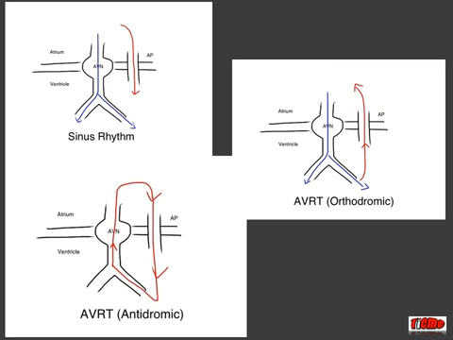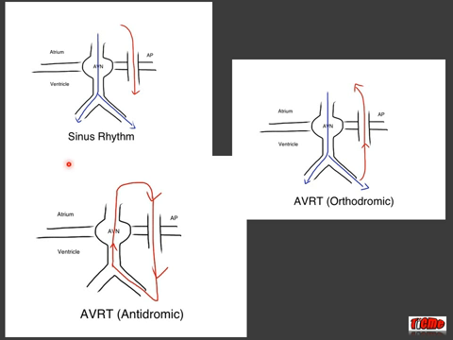And finally, the dangerous sort is called antidromic AVRT. Why is this dangerous? Because instead of coming down through the AV node, and remember the rate will be limited by those inherent properties of the AV nodal region, the signal gets transmitted directly down the accessory pathway, and the accessory pathway does not have rate limiting components to its depolarization and refractory period.